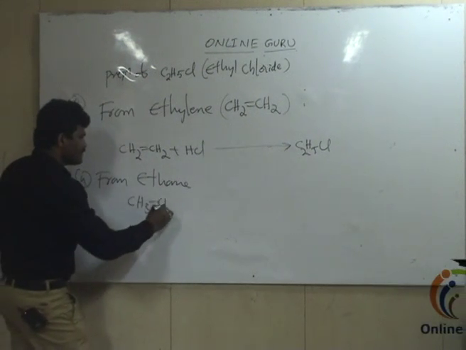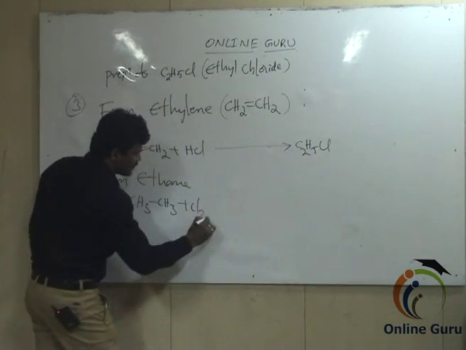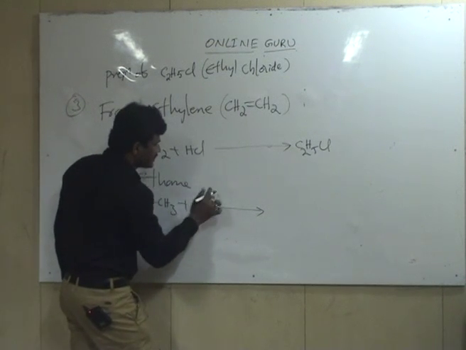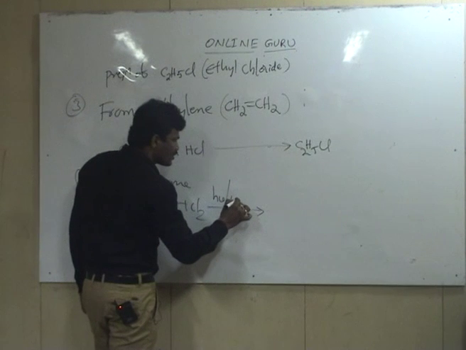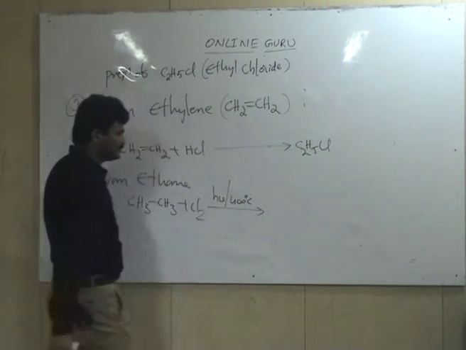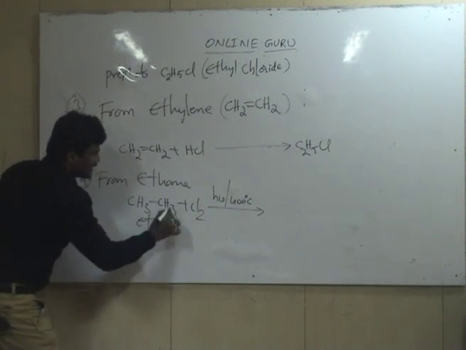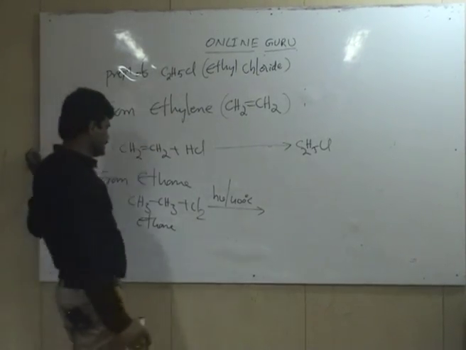Fourth preparation, from ethane. Ethane reacts with chlorine in presence of sunlight at 400 degrees centigrade.